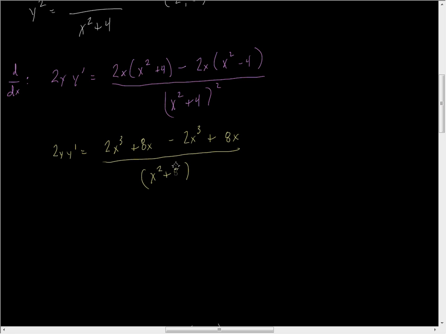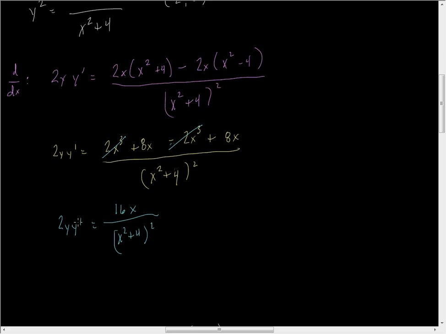Got stuck on that whole 8x thing. Plus 4 quantity squared. All right, well, we notice that as long as we do this very carefully, that negative 2x cubed plus 2x cubed goes away. And so I'm left with 2y prime is equal to 16x all over the quantity x squared plus 4 squared.